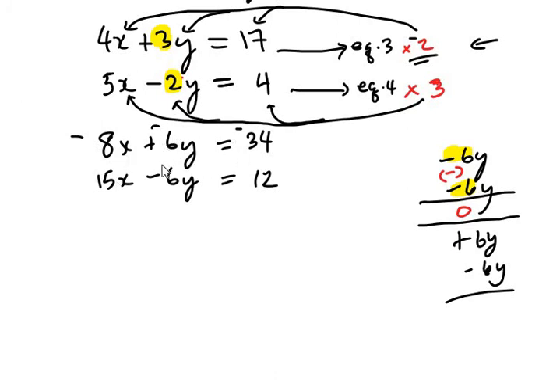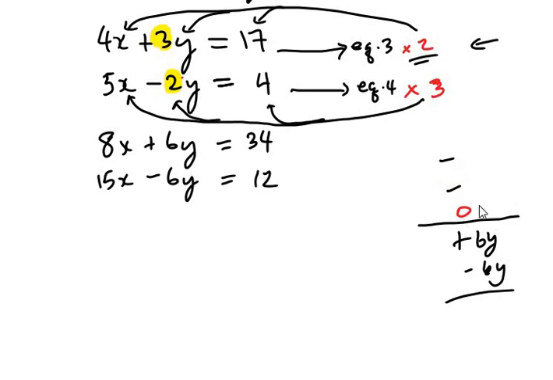Then we would subtract the two equations because we want the y terms to become 0: -6y minus 6y will give you 0. But that's not what we have. That's just highlighting what would have happened if we had used -2.